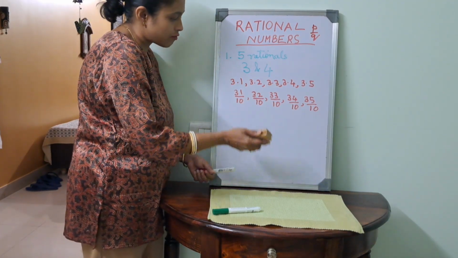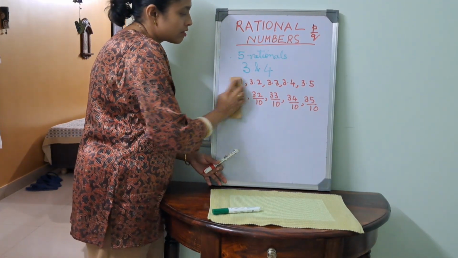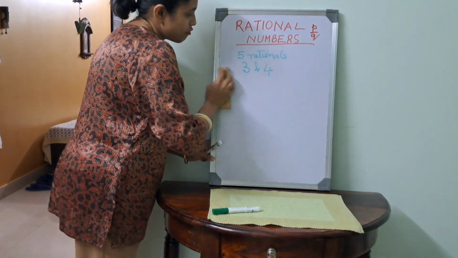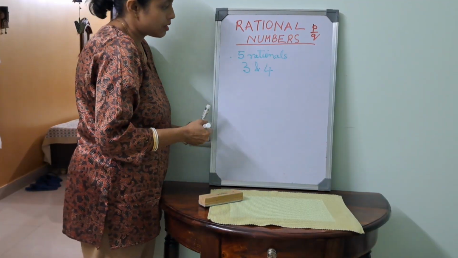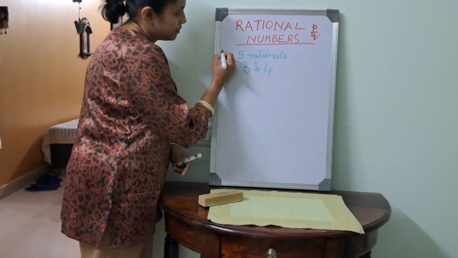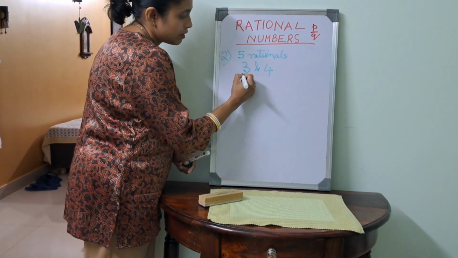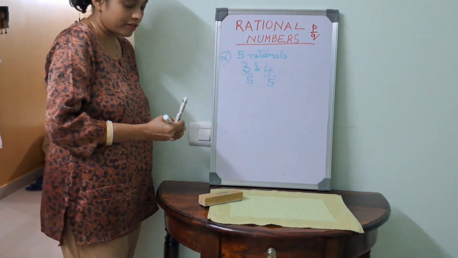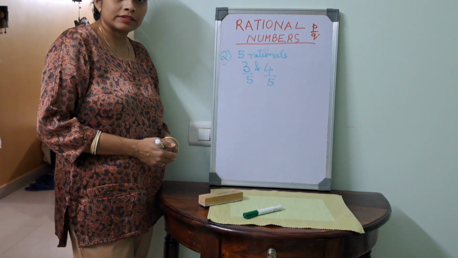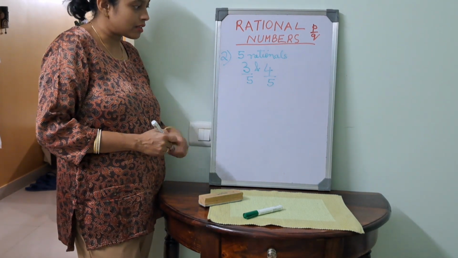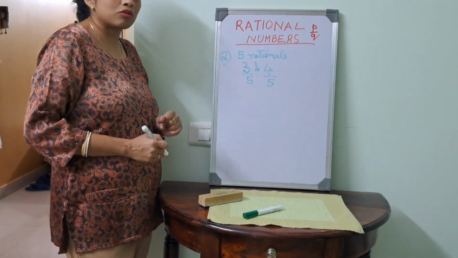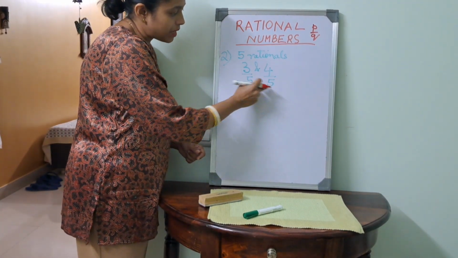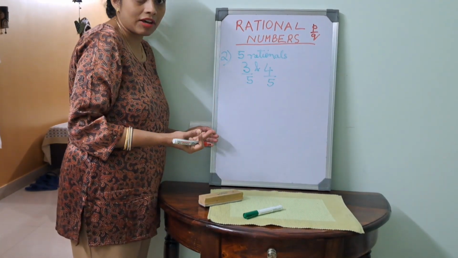Now, instead of 3 and 4, let's try to find rational numbers between the rational numbers 3 by 5 and 4 by 5. Okay? Now let's try doing this. So here, we can increase the value, right?